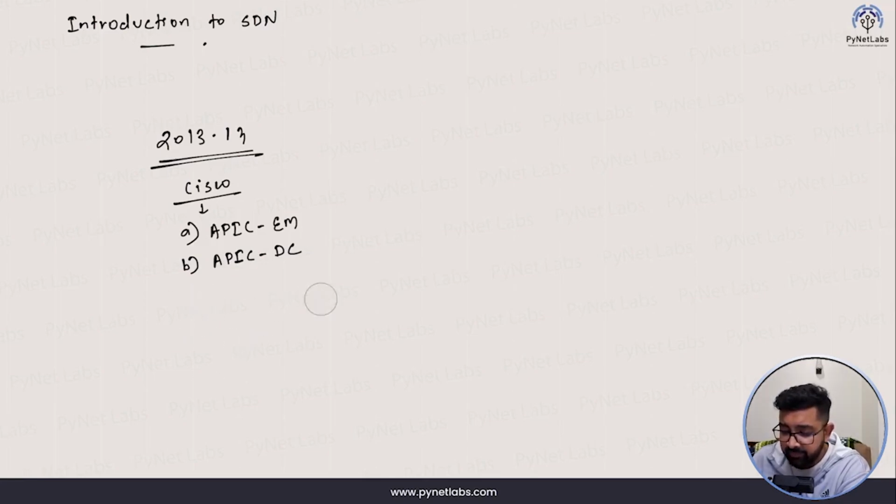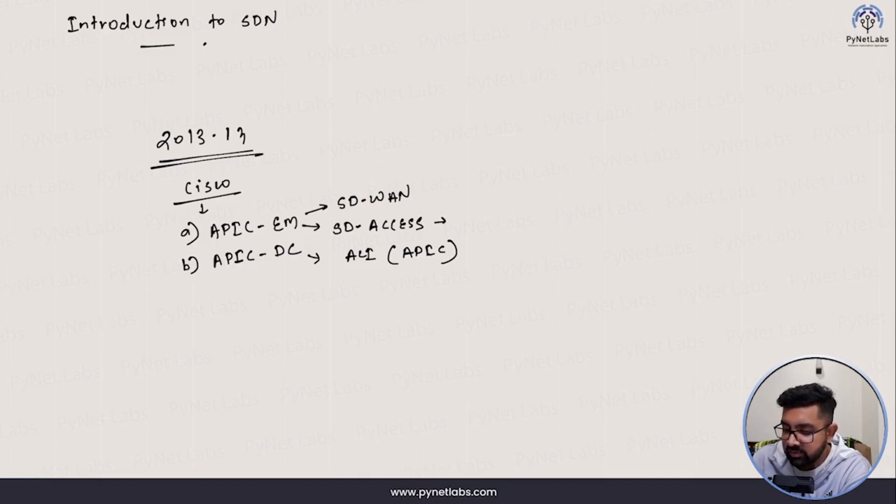After that, APIC-EM got split into two parts. Cisco created SD-WAN out of it and SD-Access out of it. And out of APIC-DC, they created ACI, which officially uses a controller called APIC. SD-Access uses a controller called DNAC, DNA Center, and SD-WAN uses a controller called vManage.